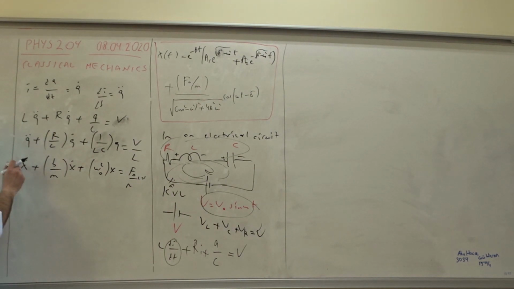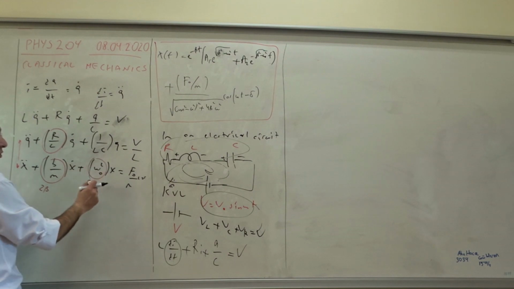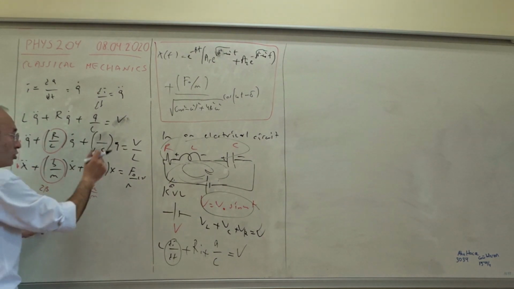So these coefficients are 1 and 1. Alright, this part is corresponding to this. What was this? 2 beta, which is the resistor term. Here we have omega 0 squared, which is k over m in the mechanical case, corresponds to 1 over LC.